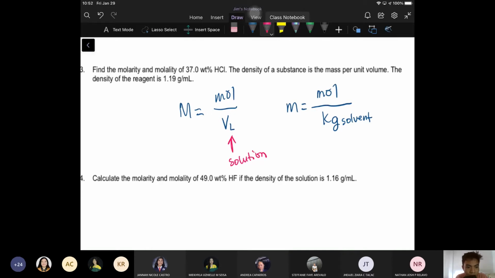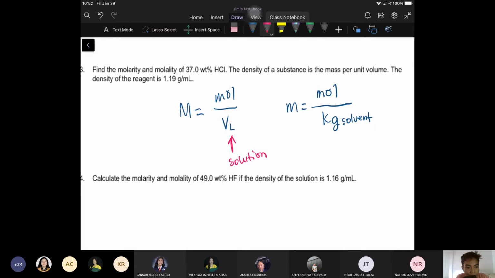Nagbabago-bago kasi yung volume at different temperature. Okay? So, yun yung dahilan ba't reserve siya for physical chemistry. Pero yung for analytical chemistry, molarity is fine.